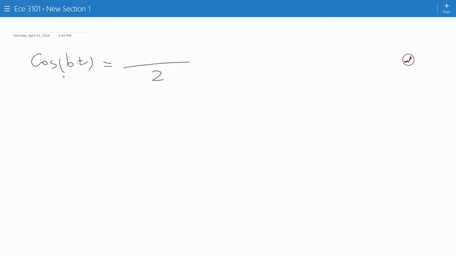So one half times e to the power j times b times t plus e to the power negative j times b times t. And remember e to the power negative at will have a Laplace transform of 1 over s plus a. And a can be anything. It doesn't have to be a real number, it can be a complex number or an imaginary number.